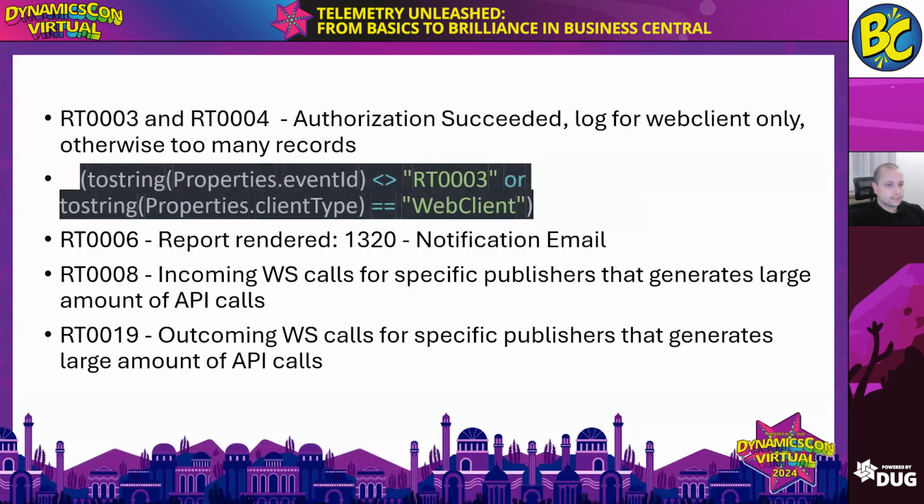So as we review our telemetry, signals which capture authorization succeeded logs from web clients exclusively are candidates for exclusion to prevent record overload. Additionally, events associated with incoming and outgoing web service calls for specific publishers may contribute to large API activity and could also be considered for removal.